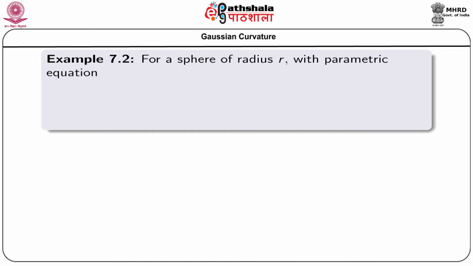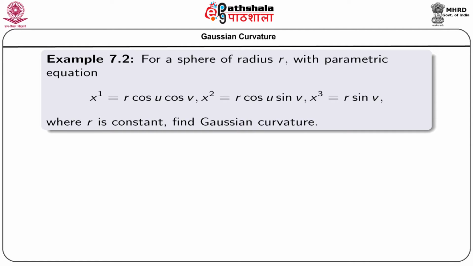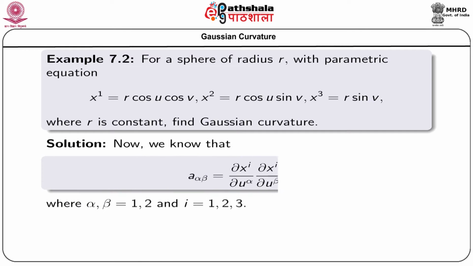Now, let us see how we can calculate this Gaussian curvature. For a sphere of radius r with parametric equation x1 equal to r cos u cos v, x2 equal to r cos u sin v, x3 equal to r sin v, we are going to find the Gaussian curvature. Now, we know the definition of A alpha beta from the previous chapter.